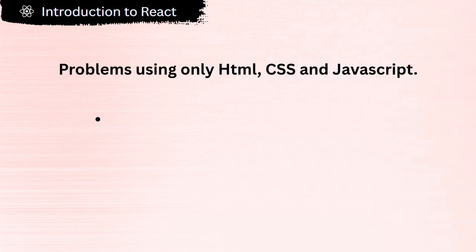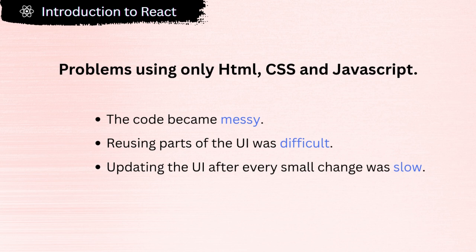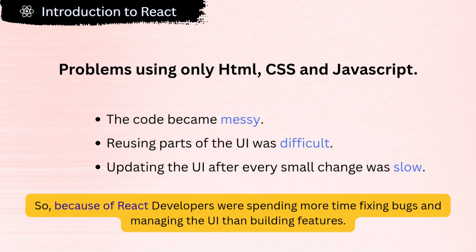Like, the code became messy, reusing parts of UI was difficult, and updating the UI after every small change was slow. Developers were spending more time fixing bugs and managing the UI than building features.